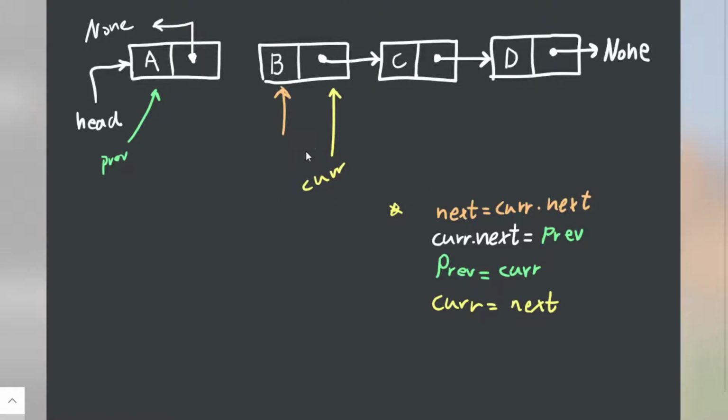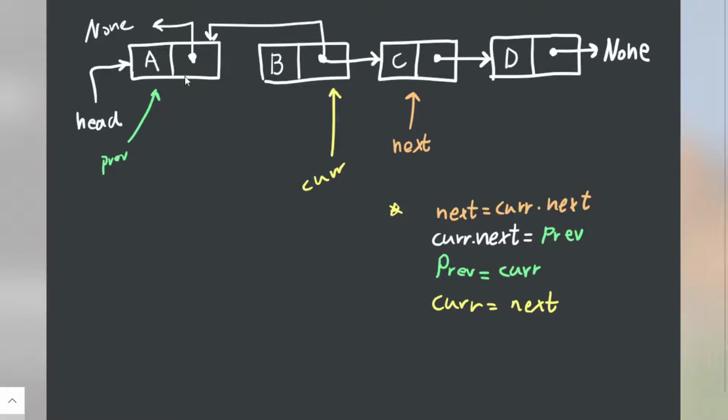That means we update next to point to current.next, which points to this one. So next is now pointing to that. And then current.next equals previous. So current.next is the variable inside of this object. We are breaking that link and having it point to previous, which is this right here. Great. And now previous equals current.